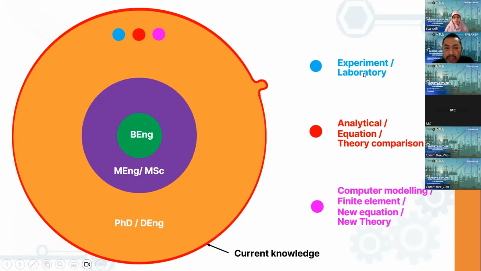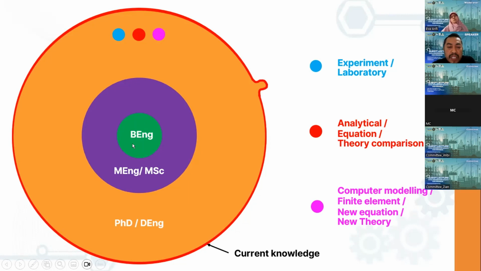And another one, the red one: you have equations, analytical study, theory comparison, and code comparison as well. And this is the purple one: you do some computer simulation, modeling, finite elements, and then you can propose a new equation and new theory.